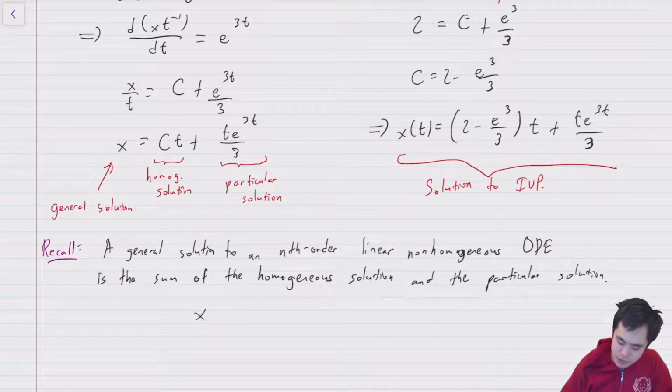So we have x general is equal to x homogeneous plus x particular.